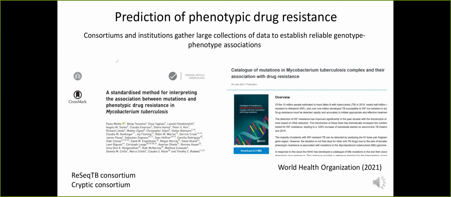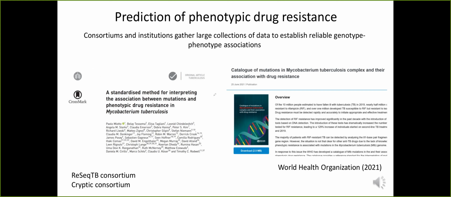On the one hand, that's one type of evidence. And the other type of evidence, which are these catalogs that you can see in this slide, is collections of thousands and thousands of strains with their associated phenotypic drug susceptibility data, like MICs, for example, minimum inhibitory concentrations.